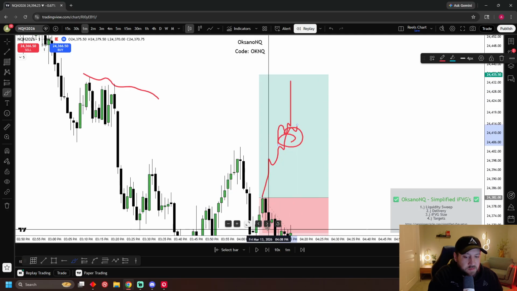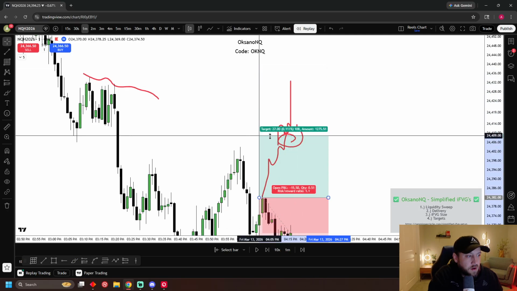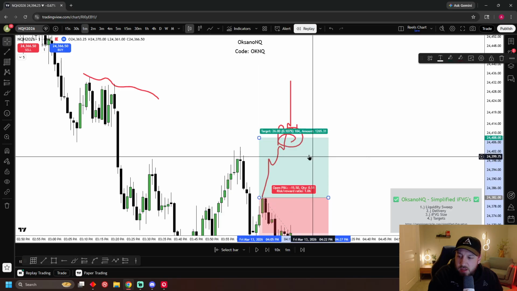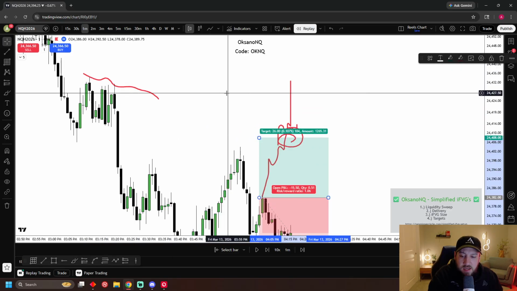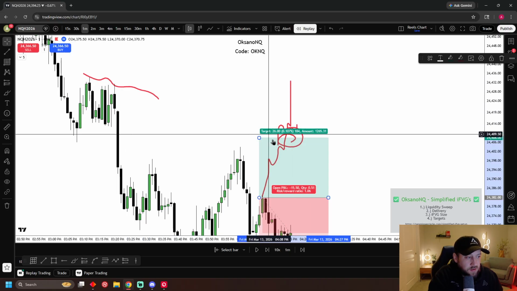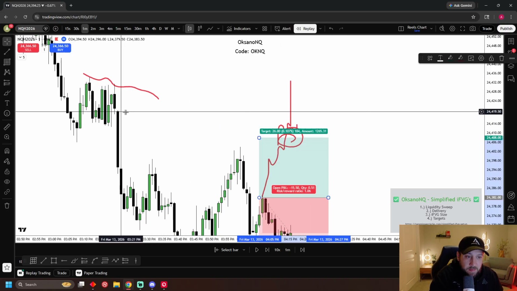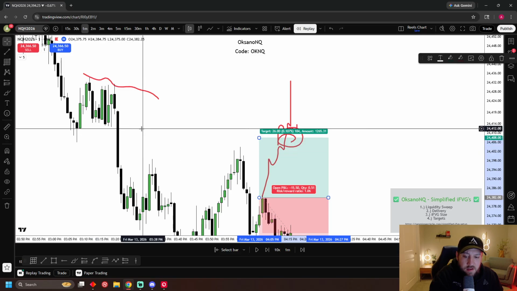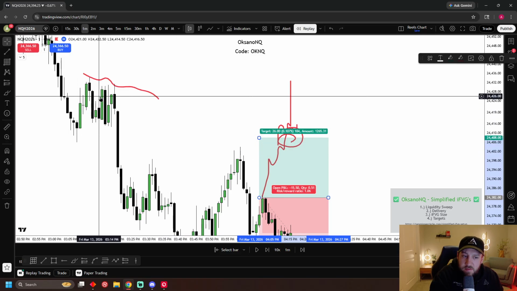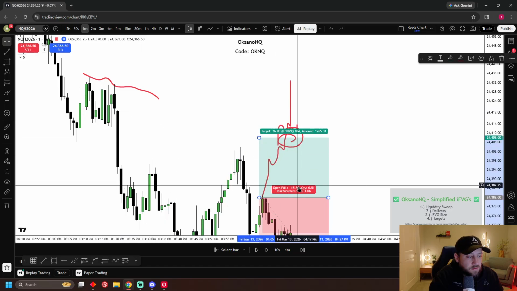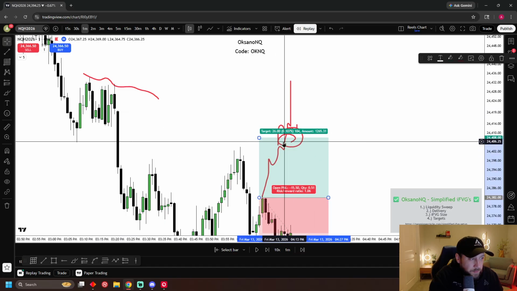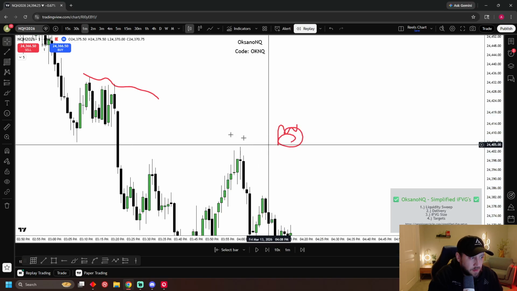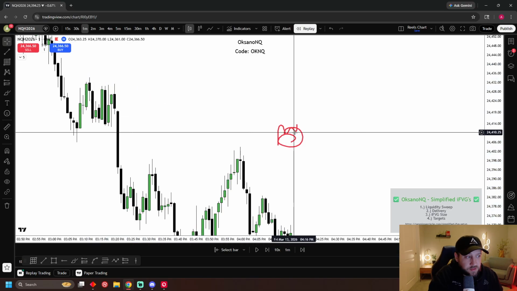A very safe place to trail your stop would be underneath this OB, right? Because if this OB is going to work and send us to buy side, then you shouldn't have to worry about it. But if this gap here holds, right? If there's a gap here holding, then it can fail. And then you risk giving up your whole bag.